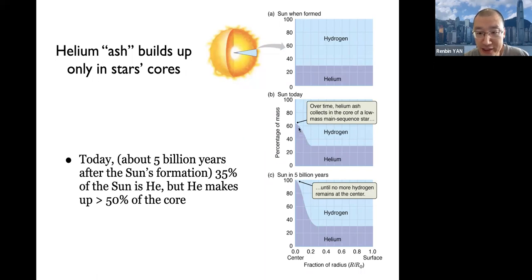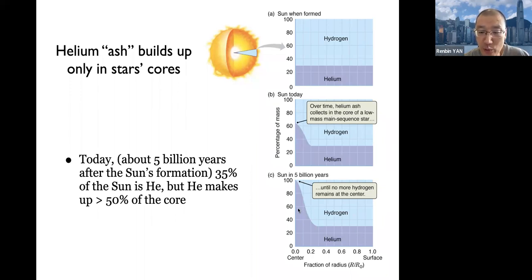So the helium fraction gets higher, and as helium ash builds up, it accumulates more towards the center, so that at the very center you have a higher helium fraction today than the initial helium fraction. Today in the core, we have something like 40 to 60% helium, and the remaining is hydrogen.